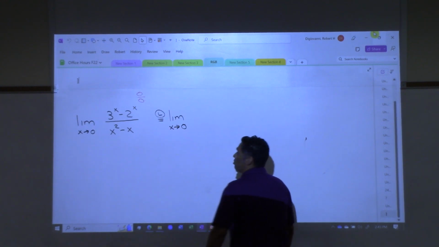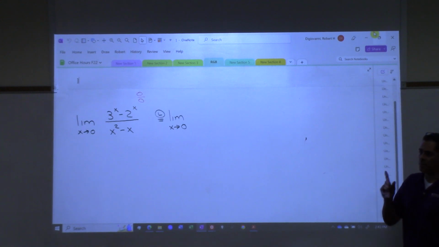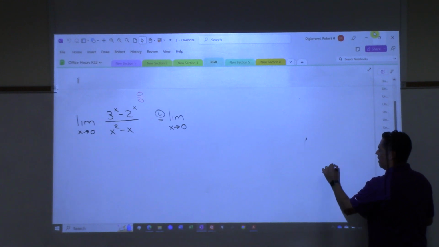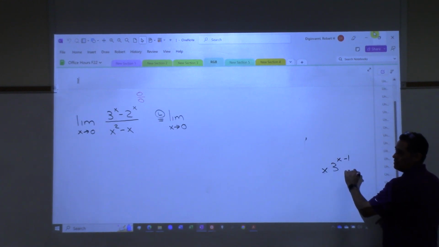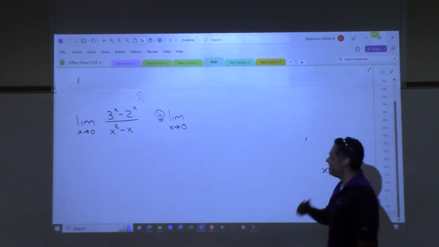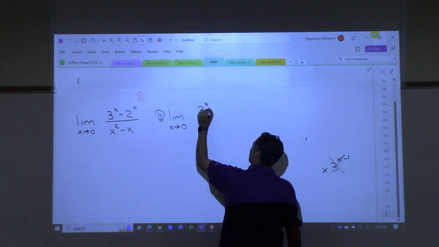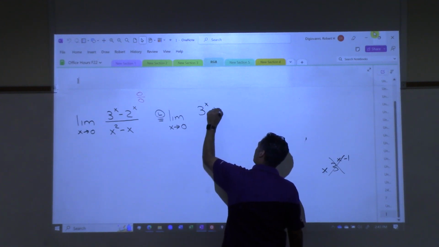All right, derivative. Be careful here. What is the derivative of 3 to the x? That's from last class. Don't tell me it's x times 3 to the x minus 1. That's not it. It's itself times natural log 3.